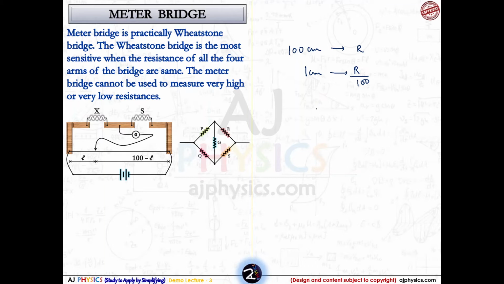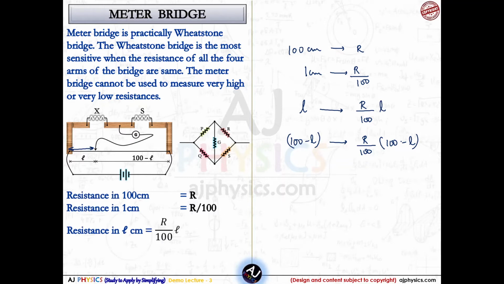Now, what will be the resistance in L part, this portion of the wire? That will be R divided by 100 multiplied by L. And what will be the resistance in the 100 minus L part? That would be R divided by 100 multiplied by 100 minus L. Alright.